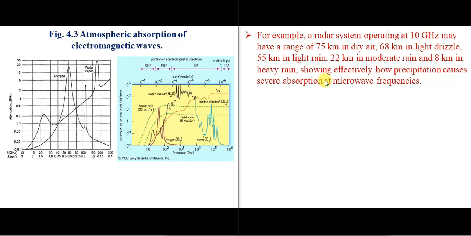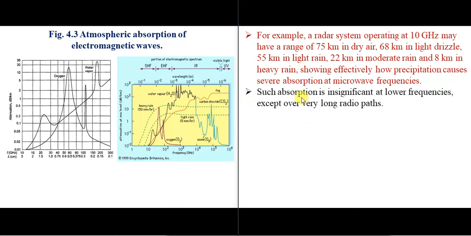This shows how precipitation causes severe absorption of microwave frequency. So the microwave frequencies are absorbed by the water molecules. Such absorption is insignificant at lower frequencies except over very long radio paths.